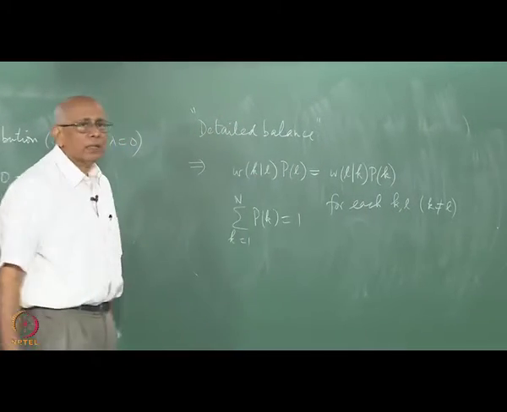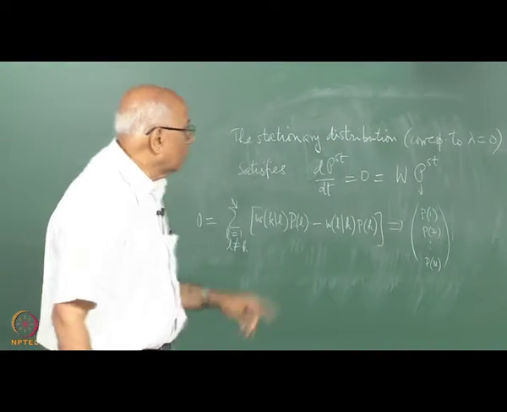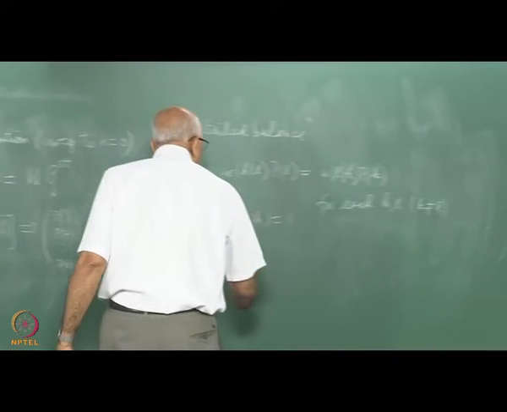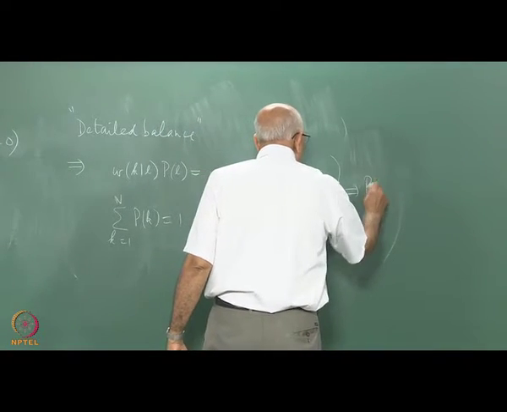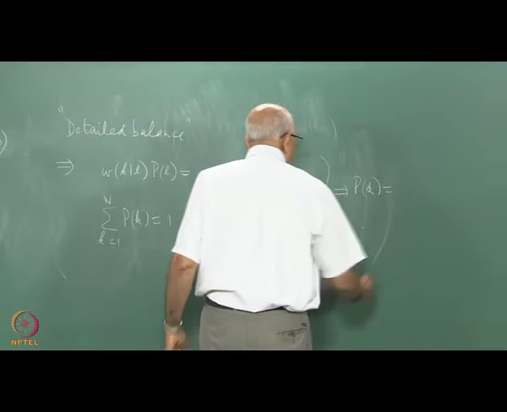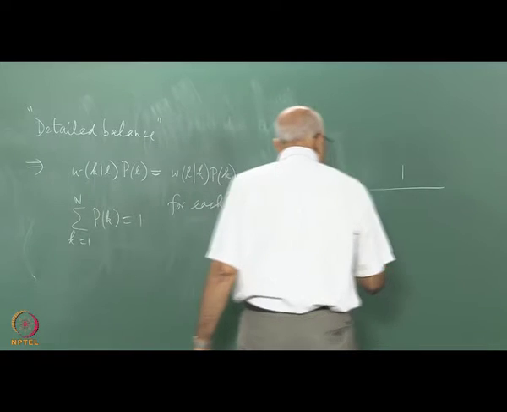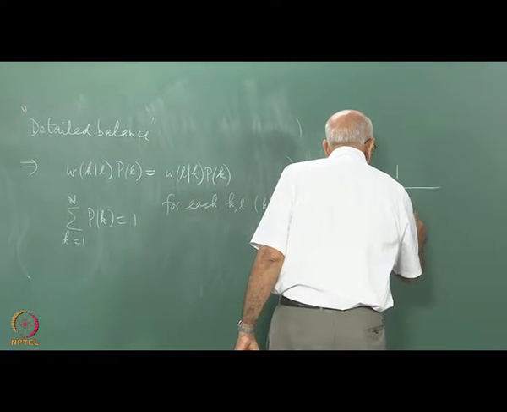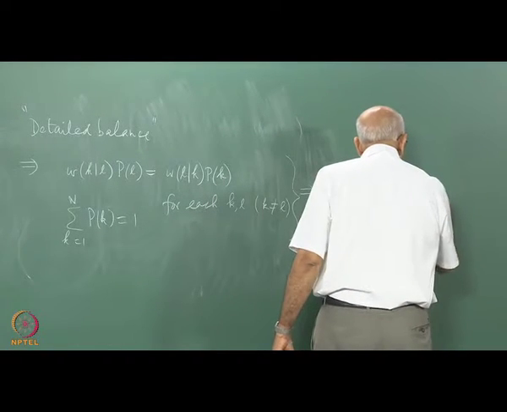I leave it to you as an exercise to show that in the general case for arbitrary n, when you have this detailed balance condition valid, then this will imply that the solution P of k looks like this. It looks like 1 over, and this is a well known form, so it is worth memorizing it, 1 plus a summation over L not equal to k, 1 to n, of a ratio.